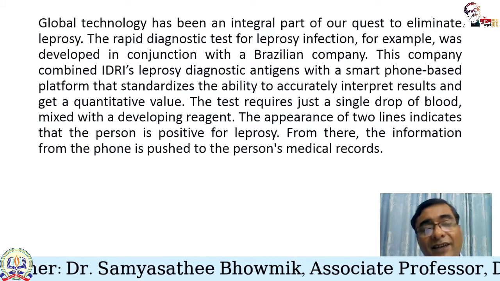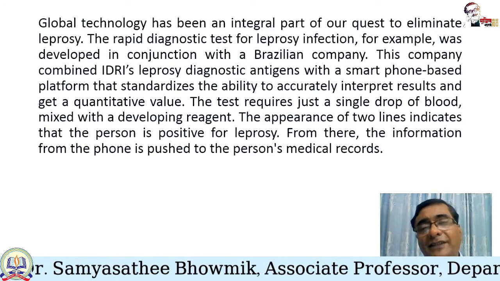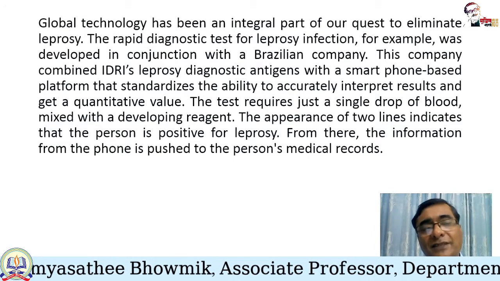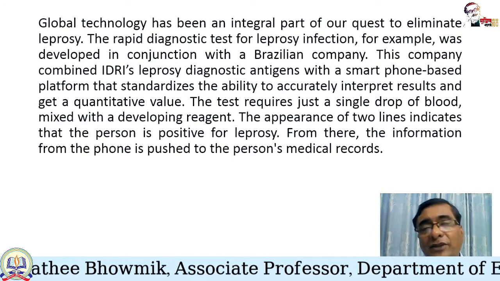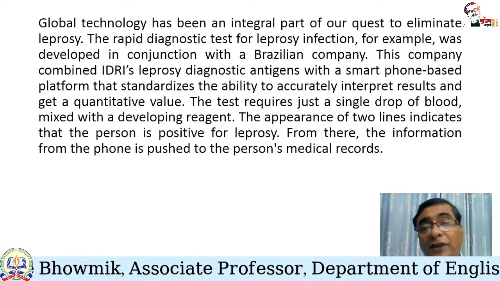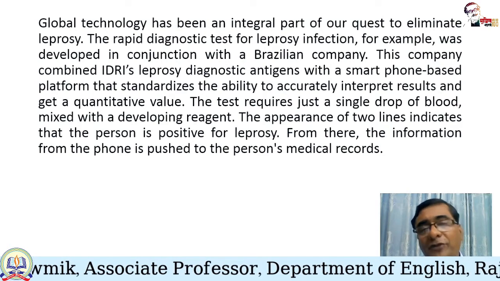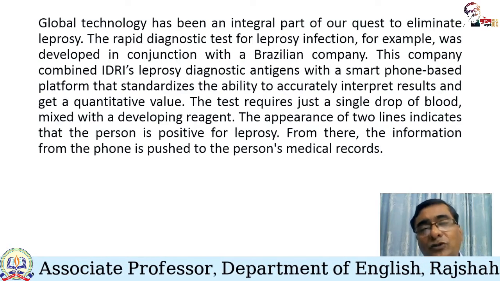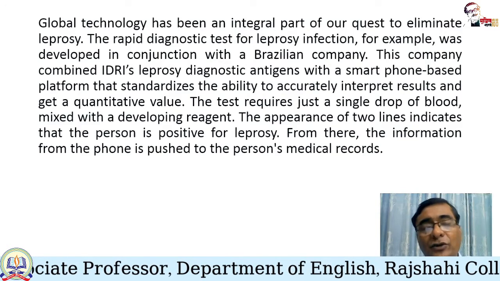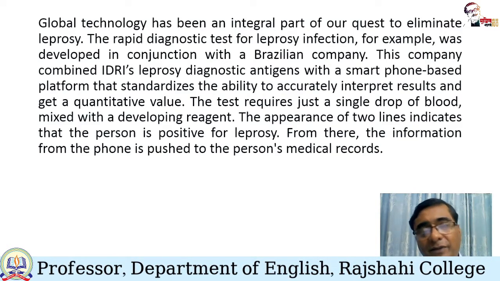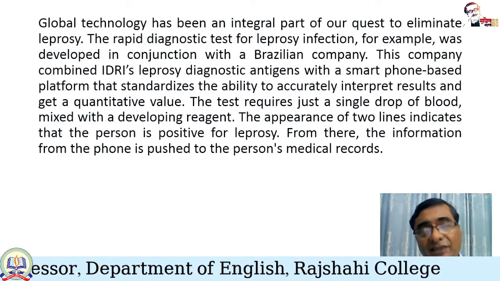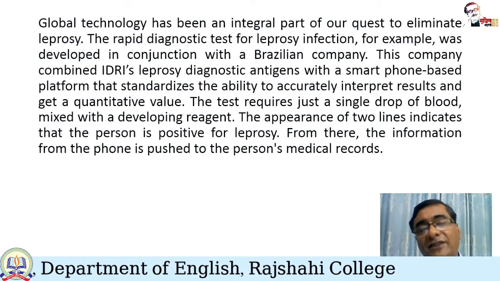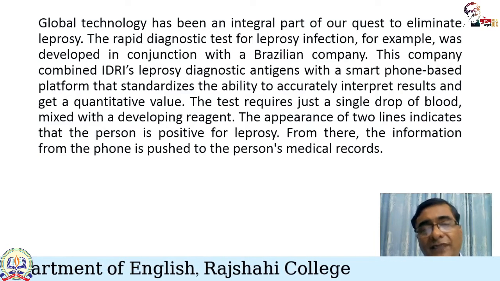That standardizes the ability to accurately interpret results and get a quantitative value. Why is the smartphone-based platform important? In order to quantify the result. There are different types of analysis, different types of research as well. Qualitative research is one kind of research, quantitative research is another kind.